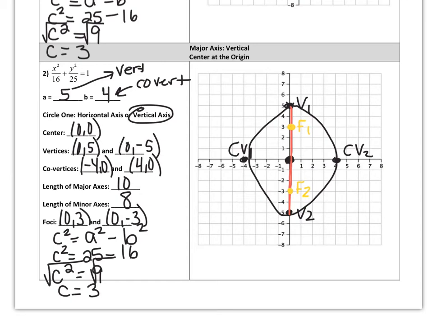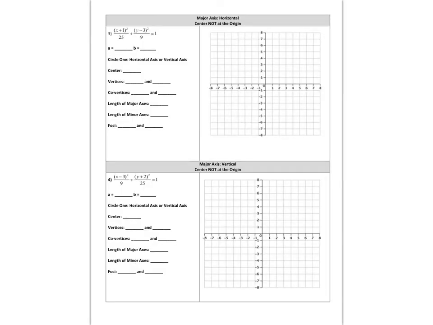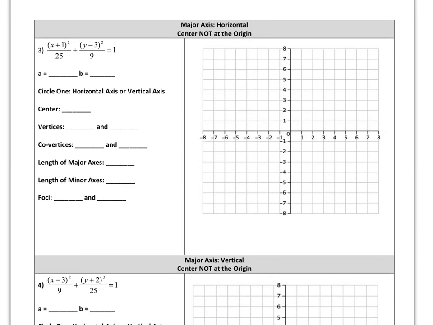Alright, let's see if we can do problems where the center is not at the origin. Okay, so the first one, remember the a is always the square root of the larger number. So the square root of 25 is 5. B is always the square root of the smaller number, so the square root of 9 is 3.